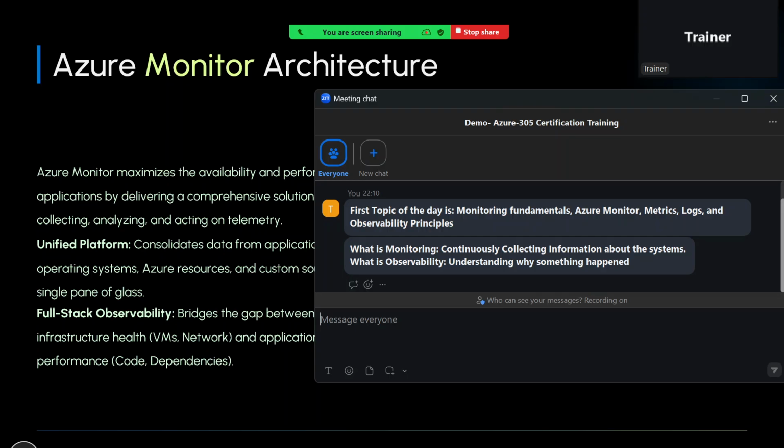Now let's give you some points. Basically, monitoring tells us something is wrong, and observability tells us why it is wrong.